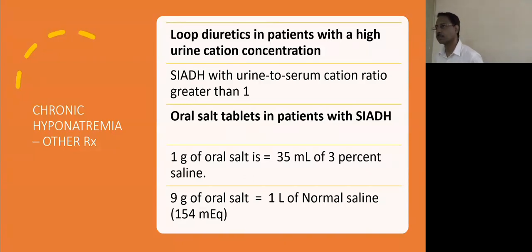But in a symptomatic patient, you go ahead and give them hypertonic saline. So again, it depends on your symptoms. Is he symptomatic, and what is his level of sodium? If sodium is less than 120 and asymptomatic, you can still wait and try other things.